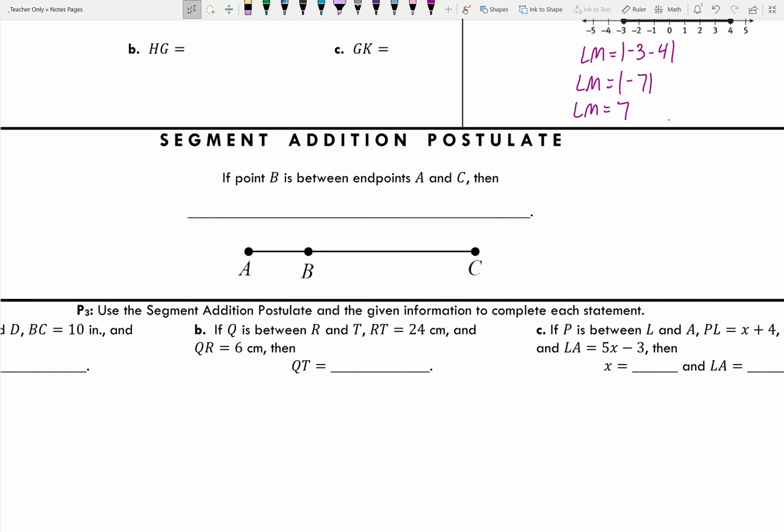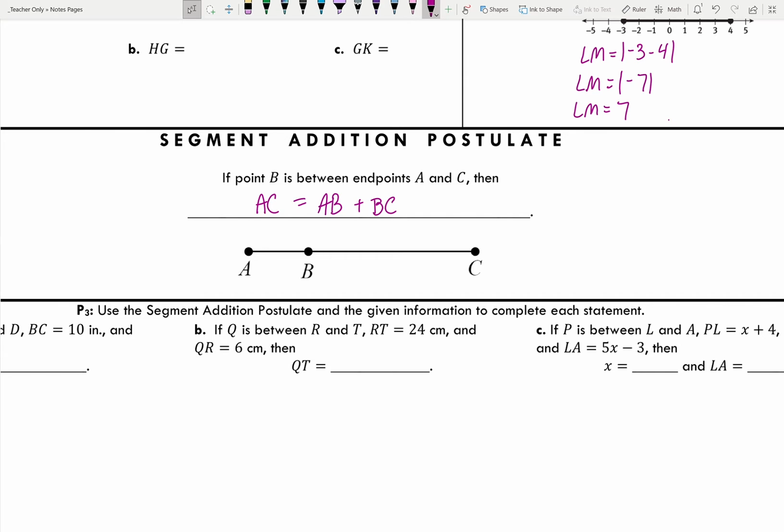Okay, so the segment addition postulate says that if point B is between endpoints A and C, if we see our little drawing right here, we have our segment AC, and then B is a point between those two endpoints, A and C, then we have the equation AC, which is the length of AC, is equal to AB plus BC.